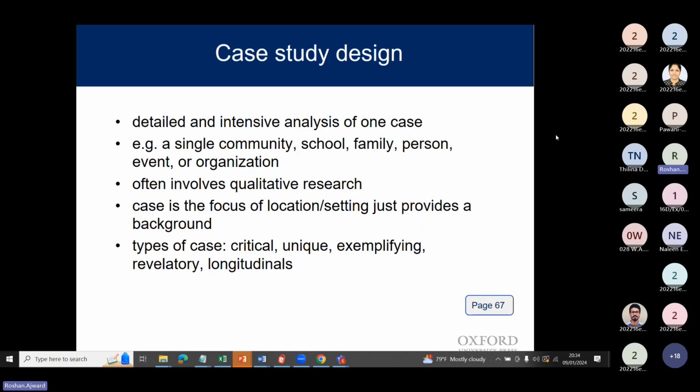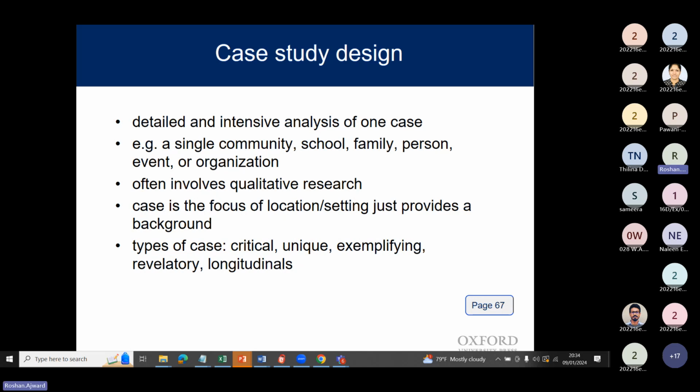So in a case study, what you do is a detailed and intensive analysis of one case. Or maybe you might get 2 or 3 cases, but it's very limited. In a cross-sectional design, you might take at least 100 participants, give a questionnaire to 100 people and do your analysis. But in a case study, you use one case and study it in depth.